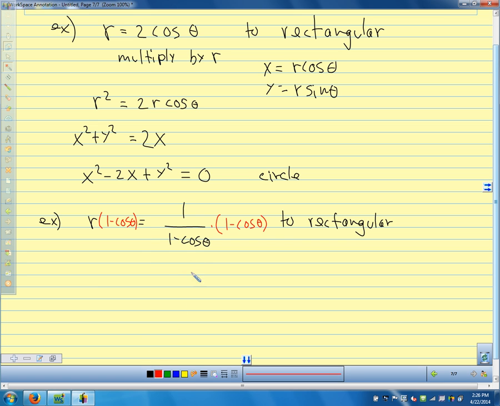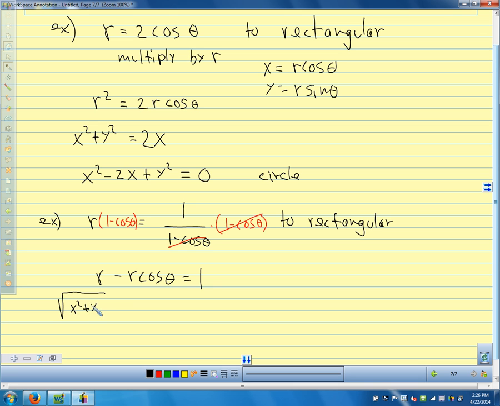These cancel when I multiply. So I get, and I'm going to distribute here, r minus r cosine theta equals 1. How can I rewrite r with x's and y's? Give me a hint, square root.